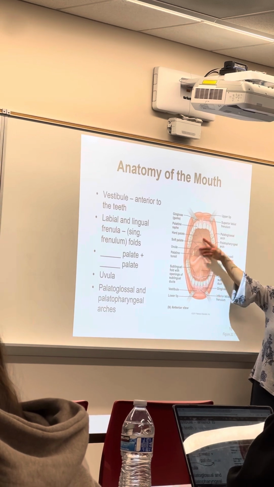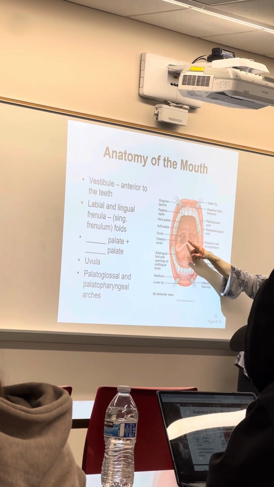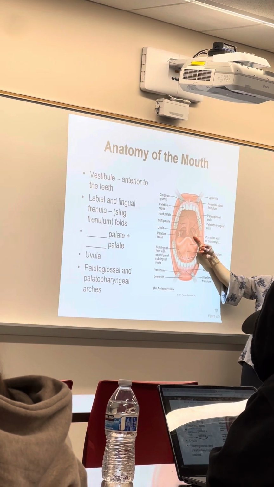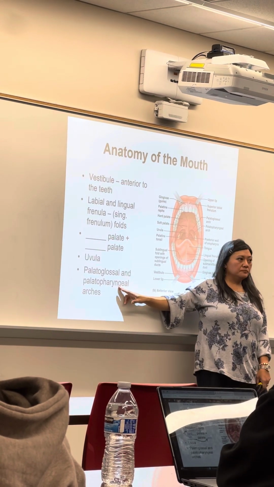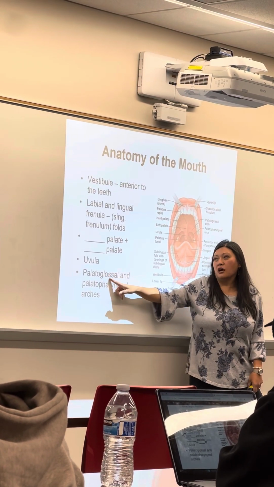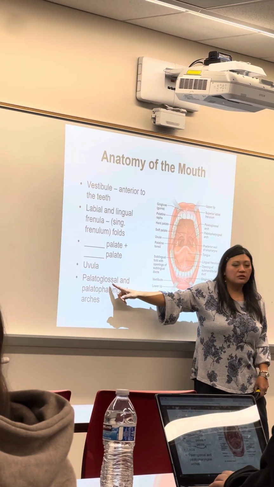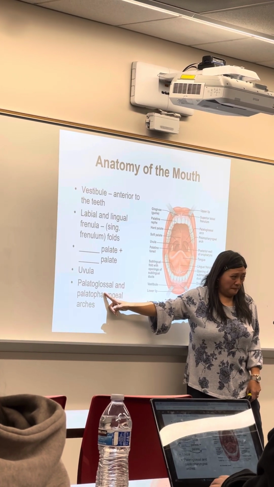Lastly, when you look in the inside of your oral cavity, you'll notice that there are some arches. There's one that is in the front, there's one that is in the back. Palatoglossal versus palatopharyngeal. Palatoglossal, glossal is also in reference to the tongue, so this is the one that is in the front because it's closer to the tongue.